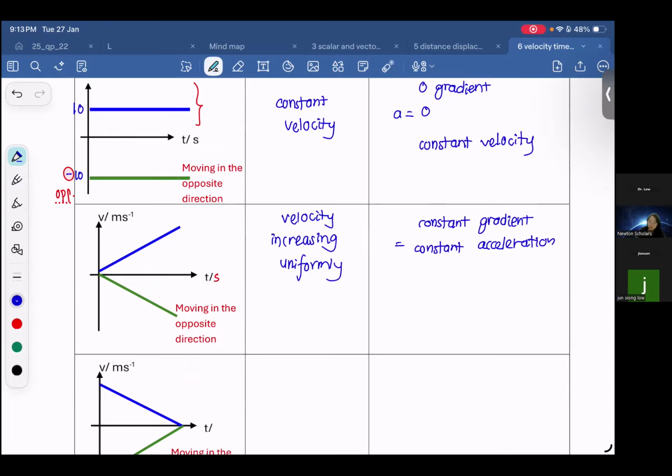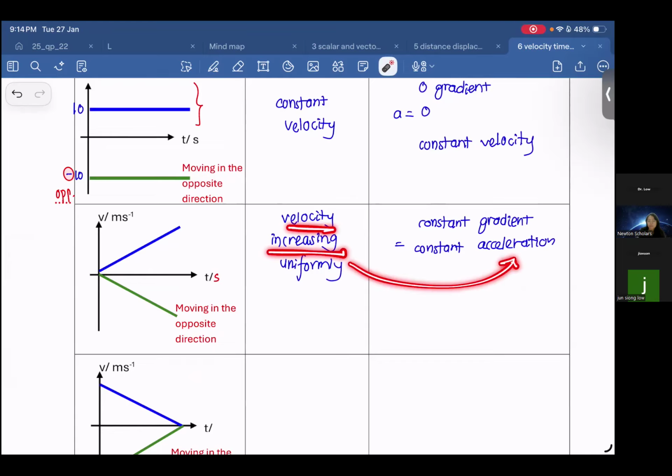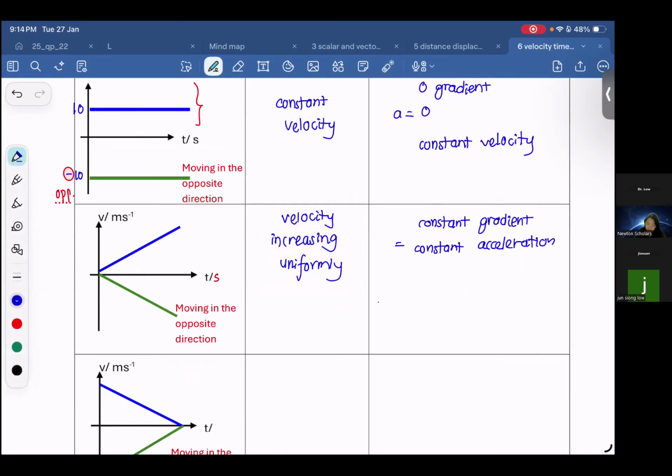Velocity increasing represents acceleration. Uniformly means constant. So what does it mean? It can be like this. Starting at 0 meters per second, after that it becomes 2 meters per second, then 4, then 6.